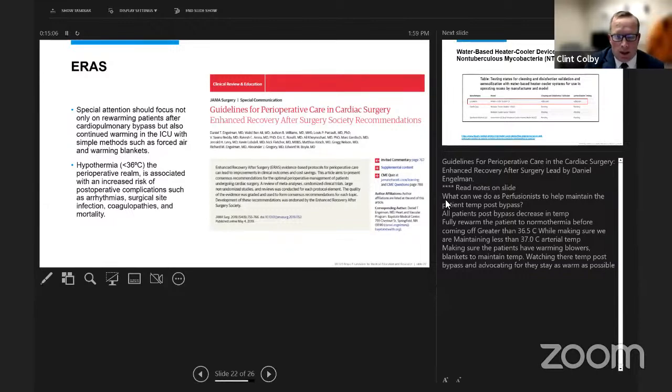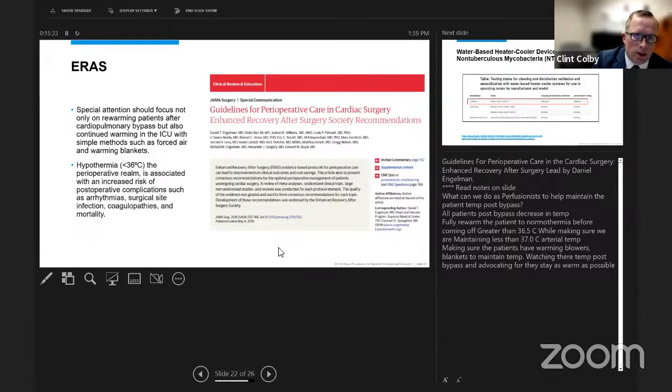This is something interesting that's come about, and it falls not directly into our issue, but I feel like the word is getting out on this. It's the ERAS, Enhanced Recovery After Surgery Society recommendations.